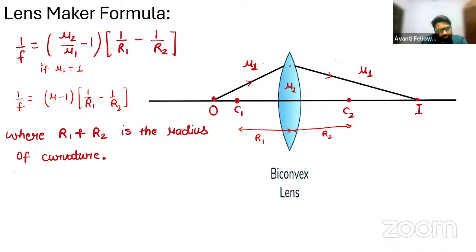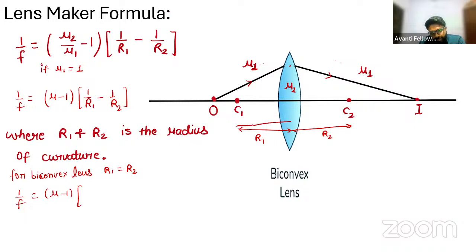Now for biconvex lens, let's say r1 is equal to r2, यही मान लेते हैं कि r1 और r2 सेम, but we know that the sign of r1 and r2 will be different. देखो r1 we have measured in this direction from right to left, और ये डायरेक्शन किसकी है, रिफ्लेक्टेड रे. तो r1 will be considered as negative, and r2 will be considered as positive because it is measured in the direction of incident ray. ठीक है.